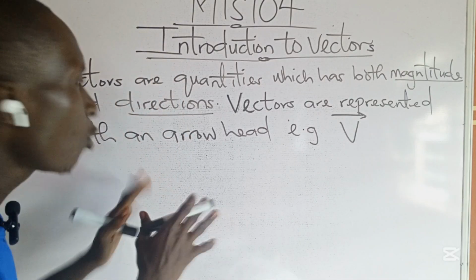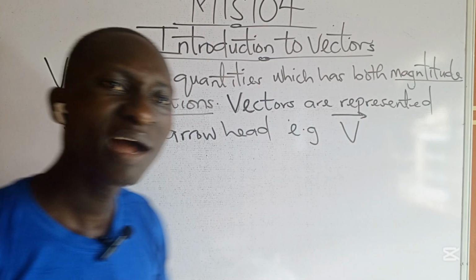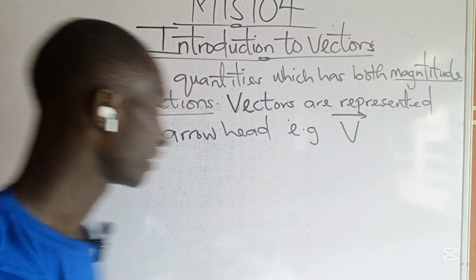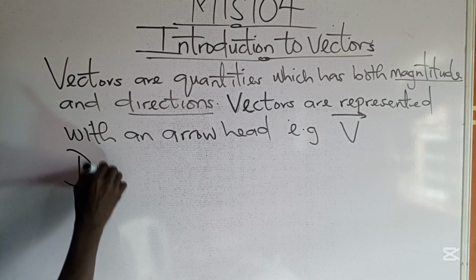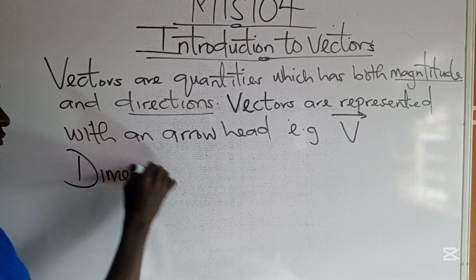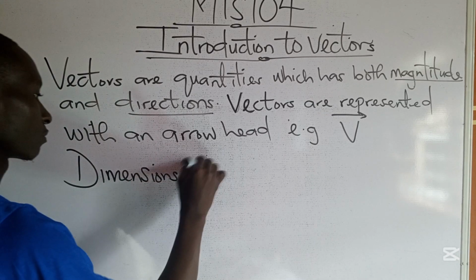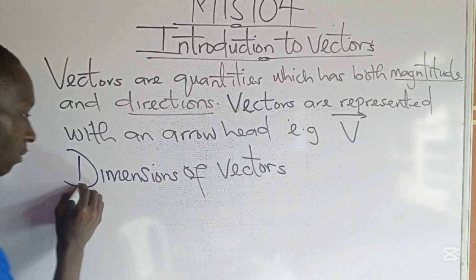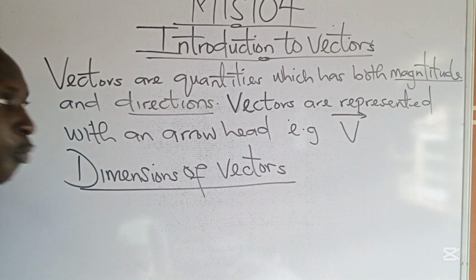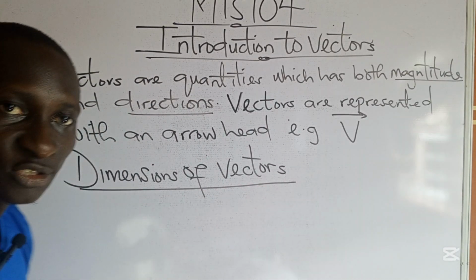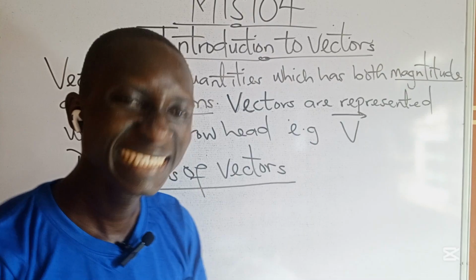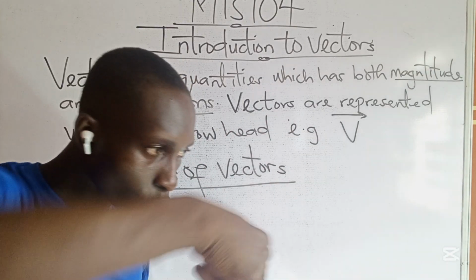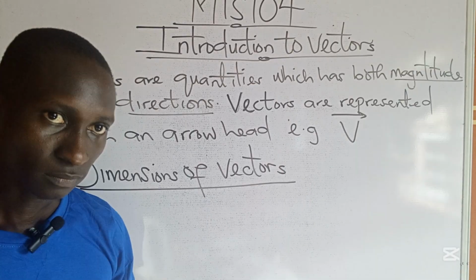Now, having known what vectors are, we also have to understand the dimensions of a vector. Now, what do we refer to as dimension? Dimension simply means the extent to which a body moves towards a specified direction.